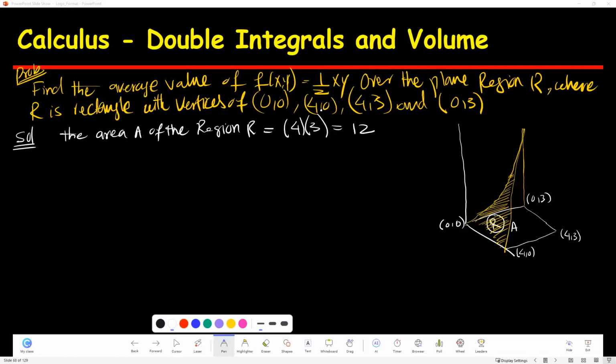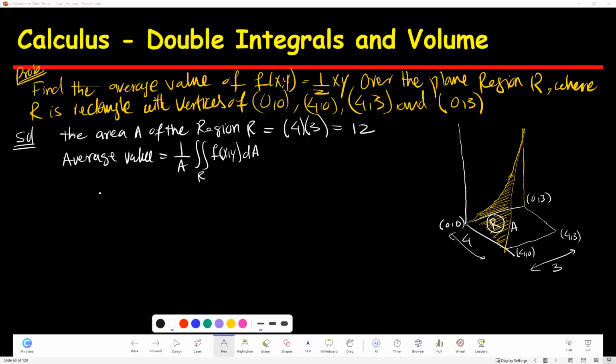Okay, I simply just multiply them, 4 times 3, because this side is 4 and this side is 3. Other than that, I'm going to be just doing the values just like I used to do it, nothing new. I'm going to be just writing average value equals 1 over area of R, function f(x, y) dA.